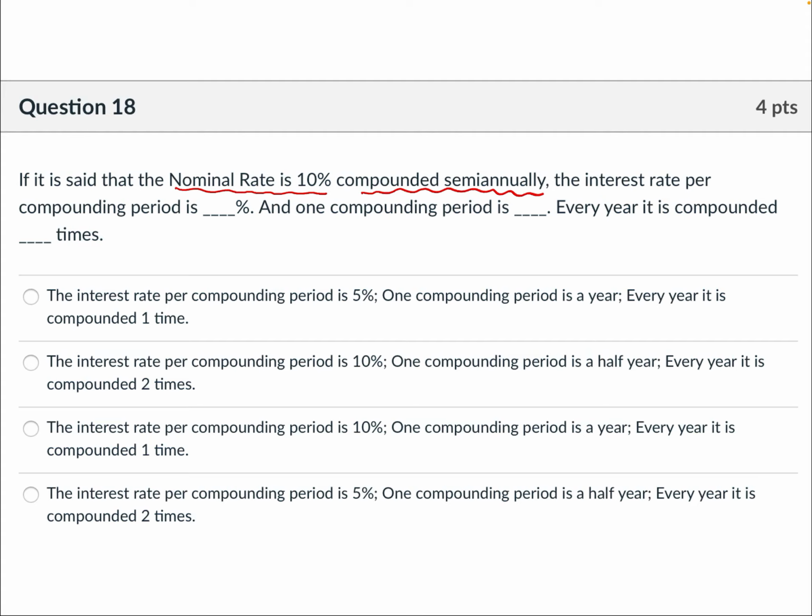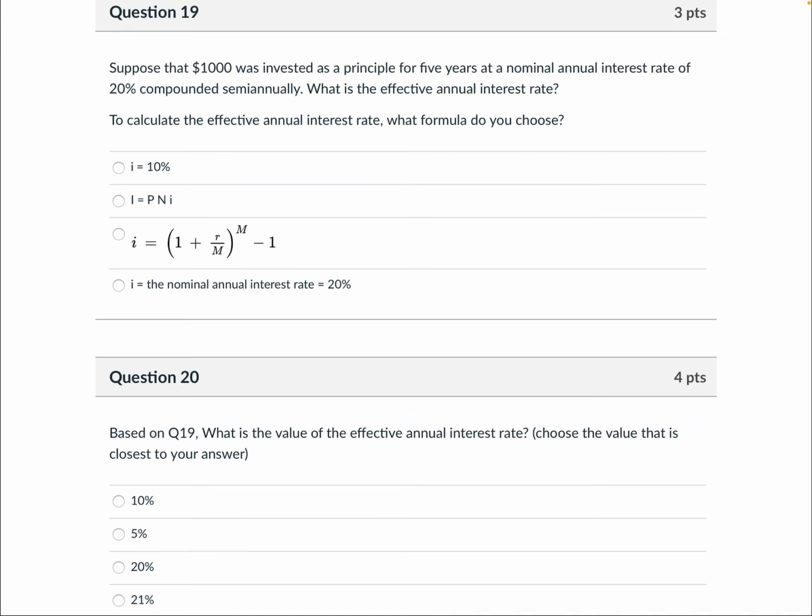Per compounding period means per half year. So the interest rate per half year is 10% divided by 2, so it's 5%. Every year it is compounded how many times? 2 times. So it's 5%, half year, and 2 times.